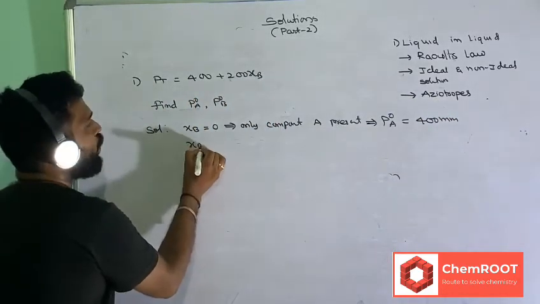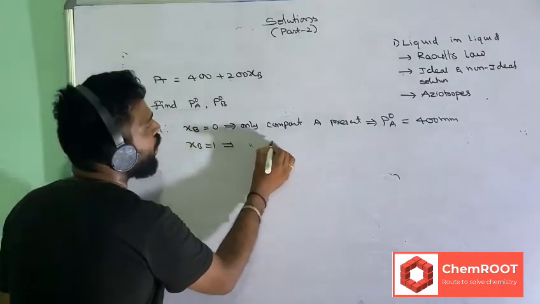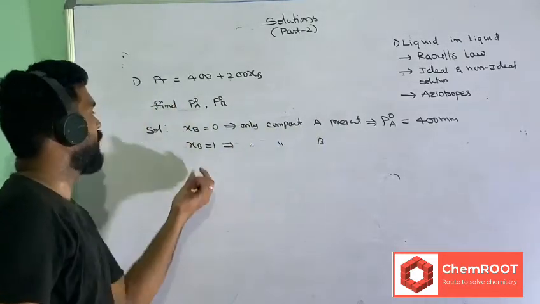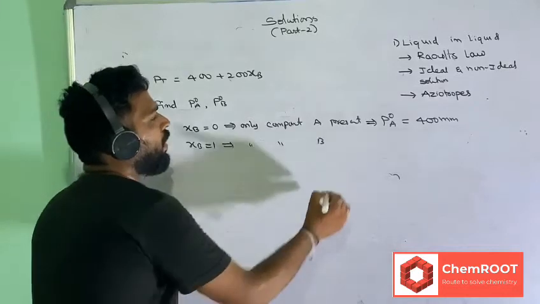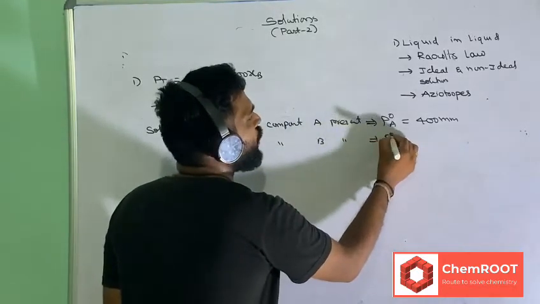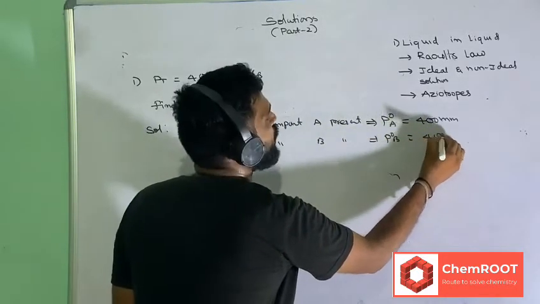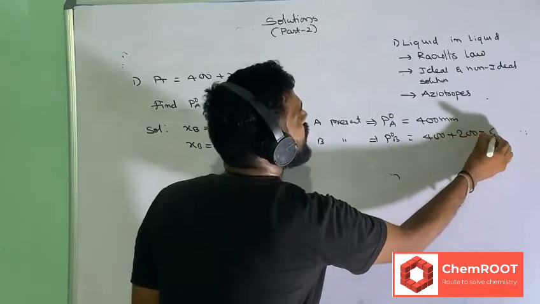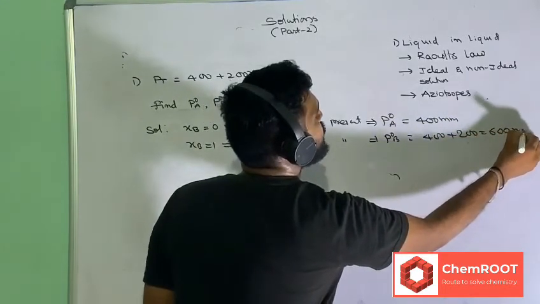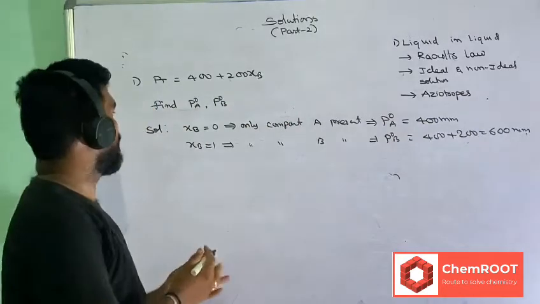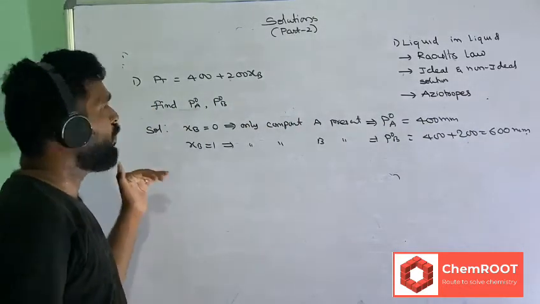If chi B is equal to 1, then only component B will be there, 100% B. In that case, P naught B is equal to 400 plus 200, you get 600 mm. So these are the mole fractions.